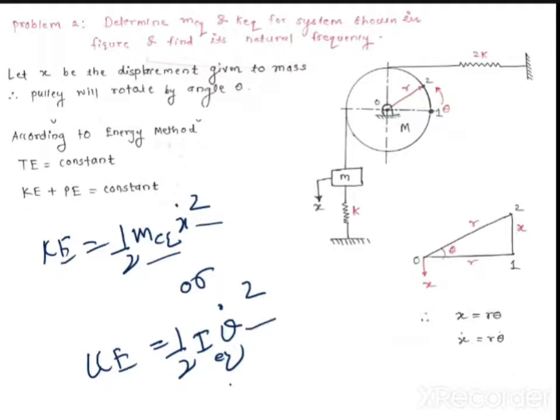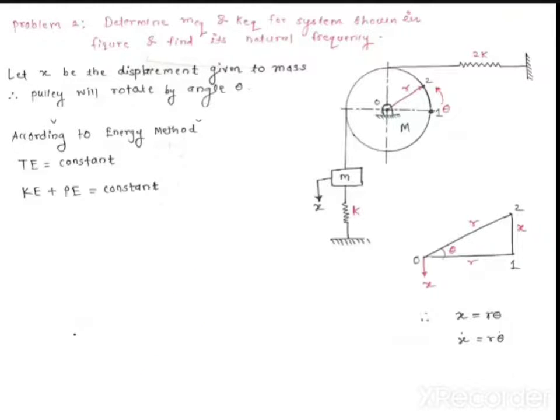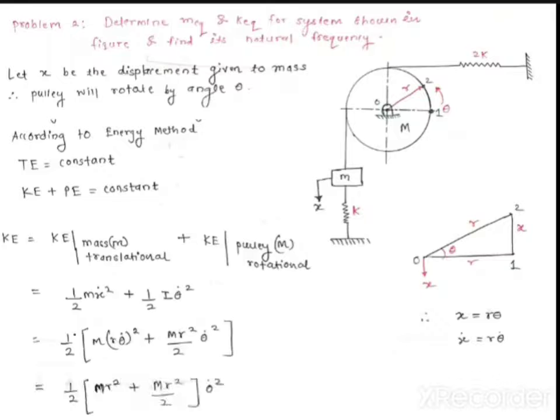When it is theta dot square, it is I equivalent, but both are one and the same. M equivalent or I equivalent, one and the same. But it's just in a different system. One is in the rotational, one is in the translational system. Is it clear? Message me yes or no. Is it clear? Is this formula clear? So this becomes 1 by 2 m r square plus m r square theta dot square. Okay. Is it clear?